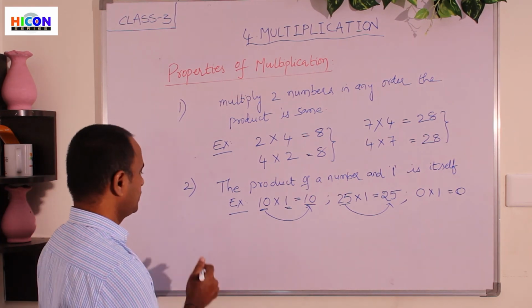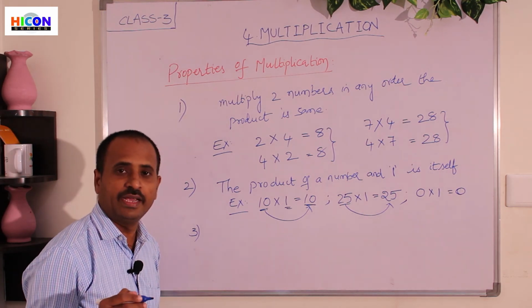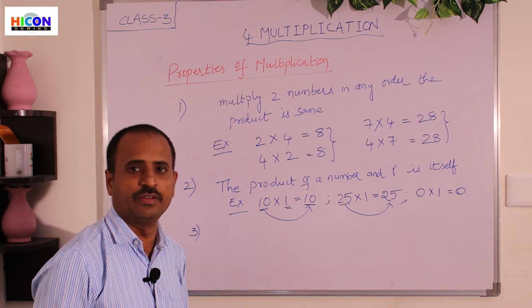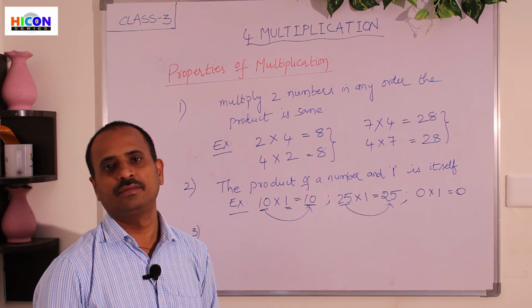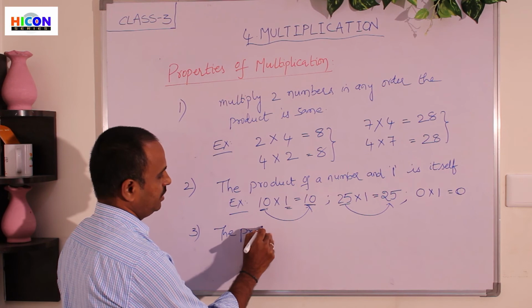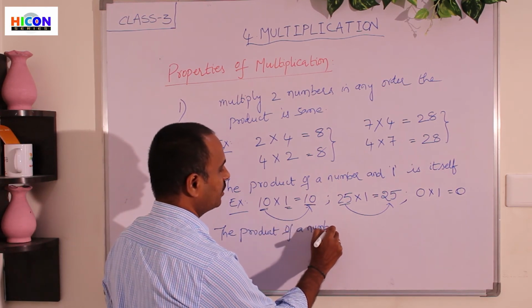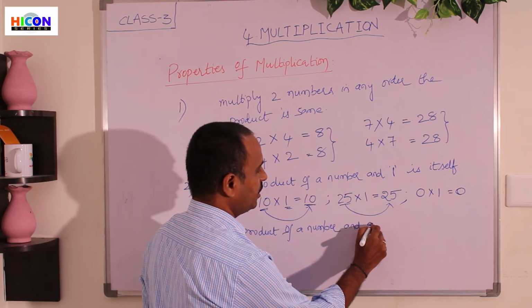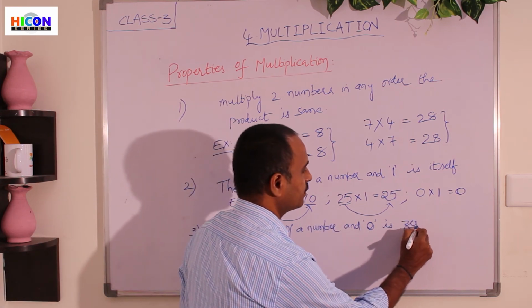So now let us see the third property. Children, if you multiply any number with 0, you will get 0 as the product. That means the product of a number and 0 is again 0.